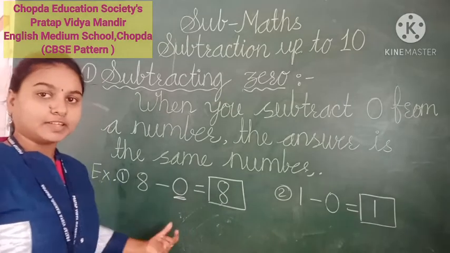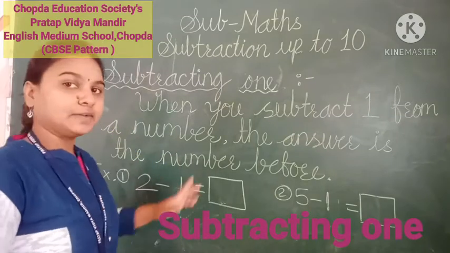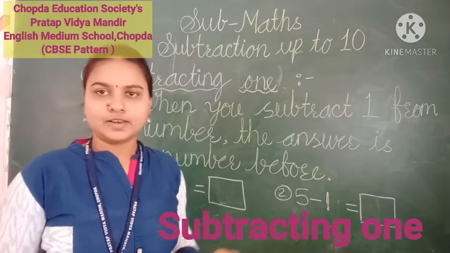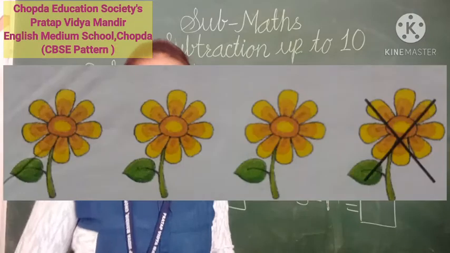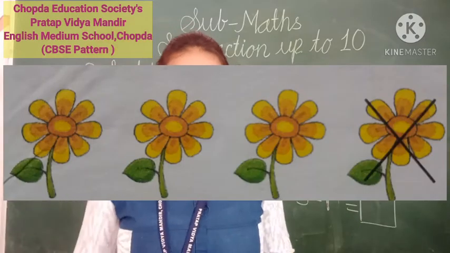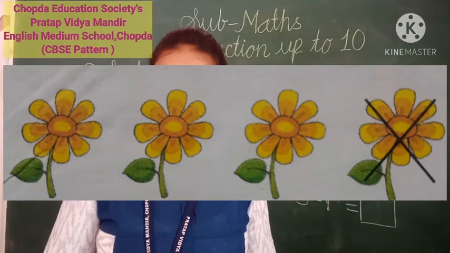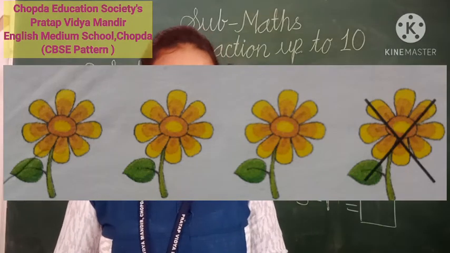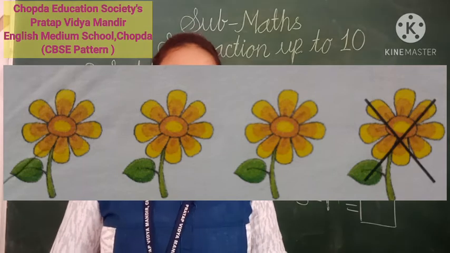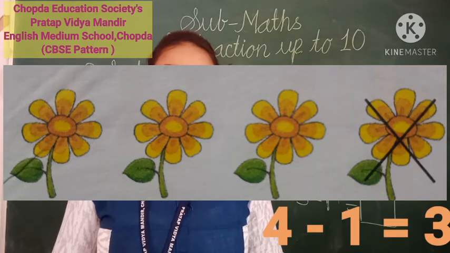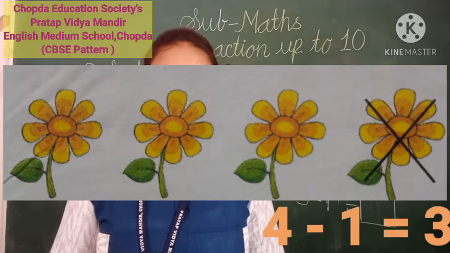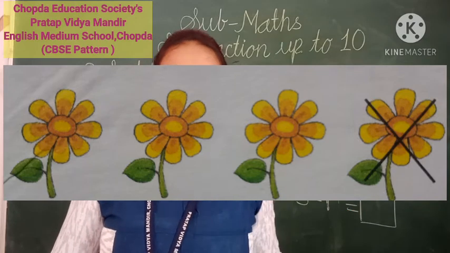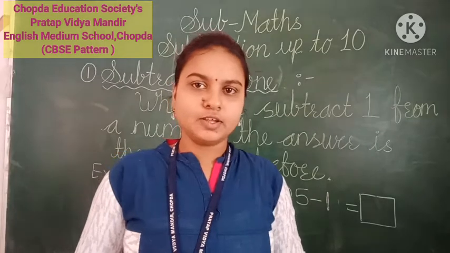Now the second property of subtraction is subtracting 1. Look at this picture. There are 4 flowers and we take one flower from those flowers, so we cross out this one flower and there are 3 flowers remaining.